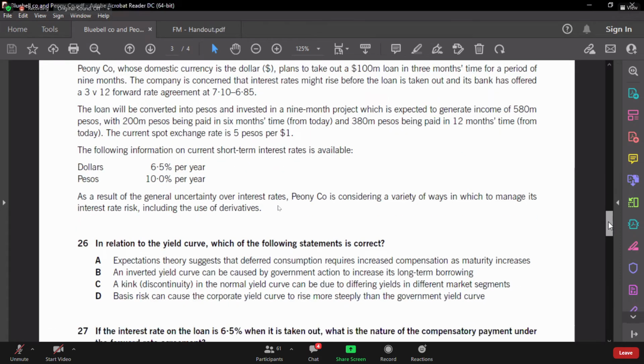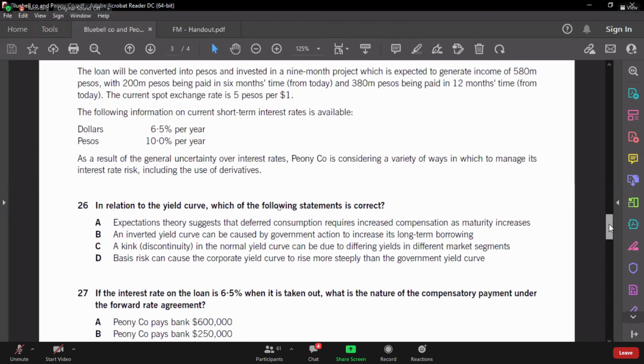In relation to the yield curve, which of the following statements is correct? Yes, Hadi has given me the right answer. Edwin, check your answer. Neha has given me the right answer.